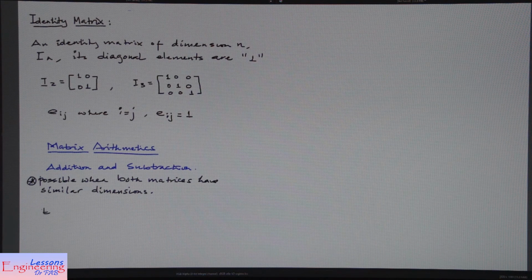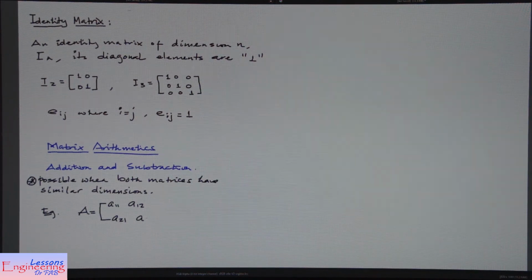For example, let's take matrix A as a 2 by 2 matrix. So we'll have A11, A12, A21, A22. And matrix B must have similar dimensions, so we are able to add the two matrices together.